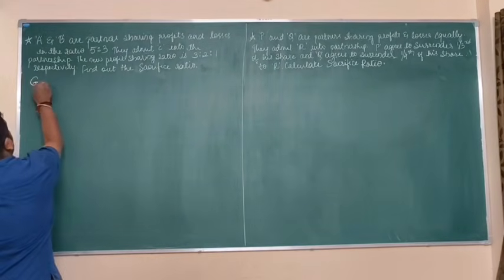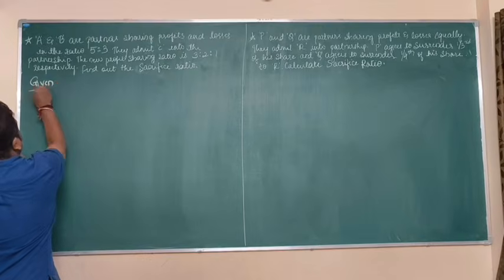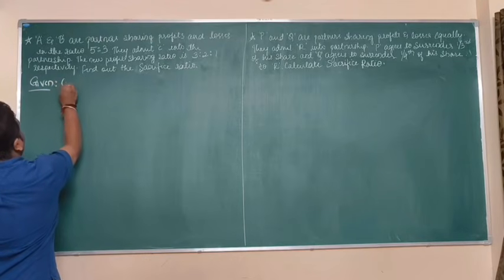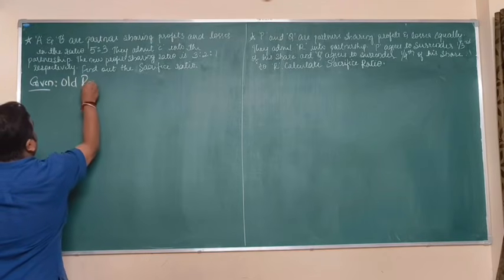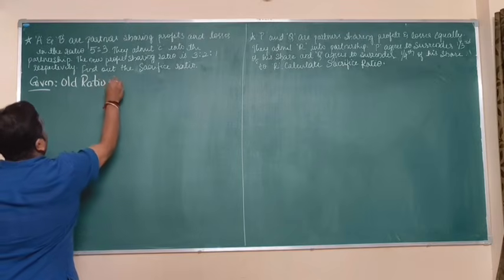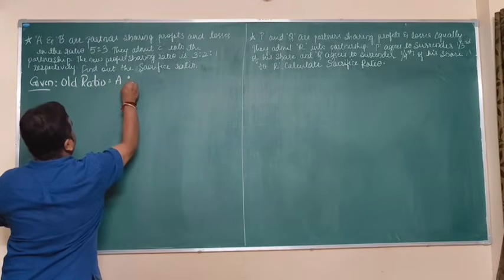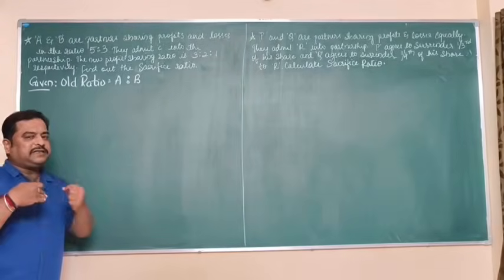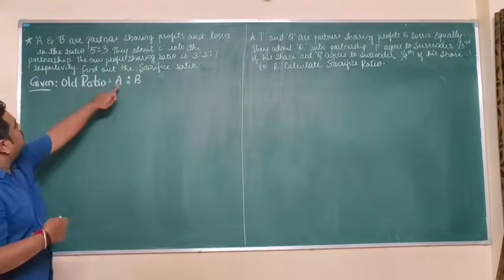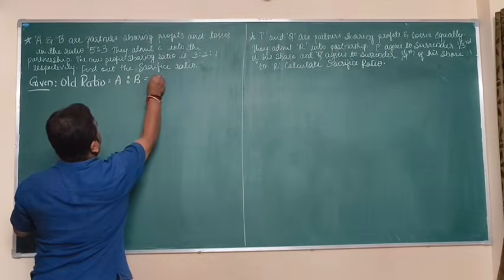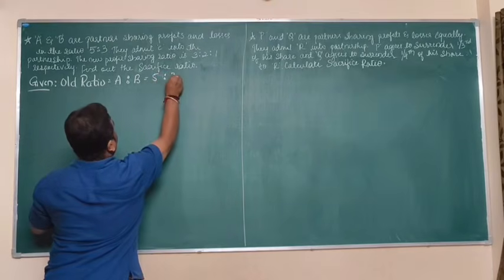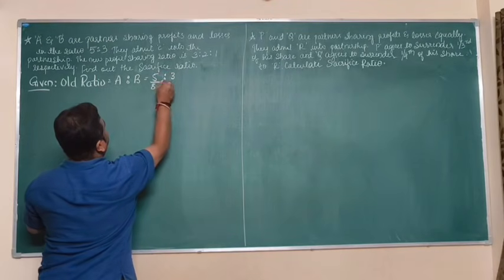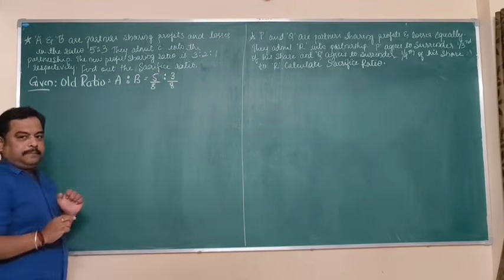What is given to us? Old ratio is given. What is the old ratio? A is to B. The more problems you practice, the more expert you become. So old ratio A is to B is 5 is to 3. 5 plus 3 is 8, so 5 by 8, 3 by 8.